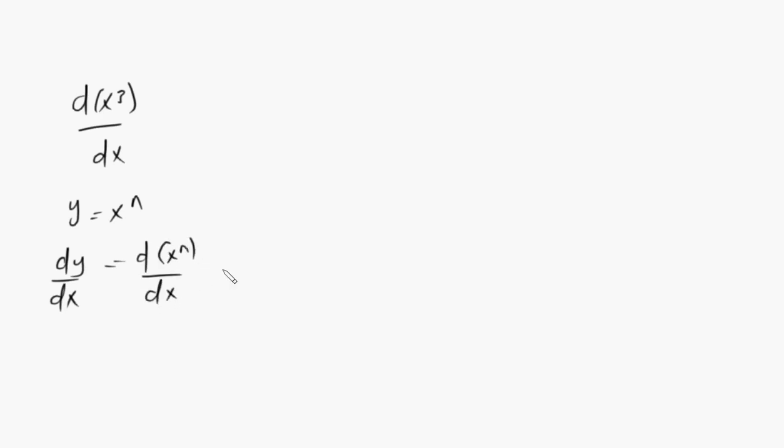Kwa cha kwanza ni d(x cubed)/dx. Najua kwamba for y equals x power n, najua kwamba dy/dx, y ni x power n, sasa tunasema d(x power n)/dx ni sasa n x power n minus 1. What's my n now is 3, so it's 3 minus 1. 3 minus 1 is 2, so this is just 3x squared.